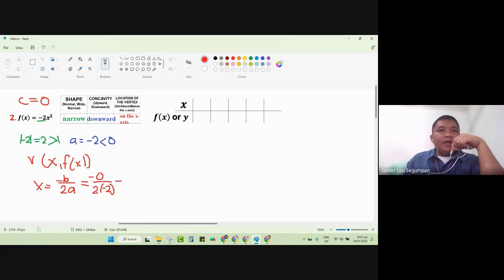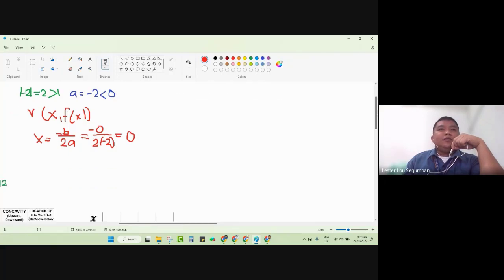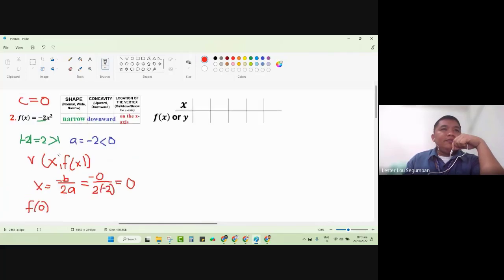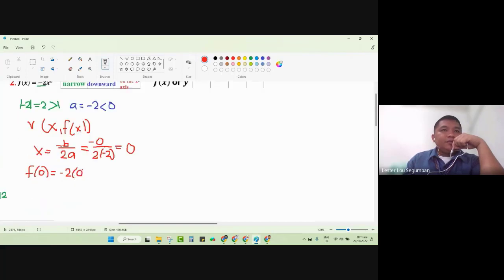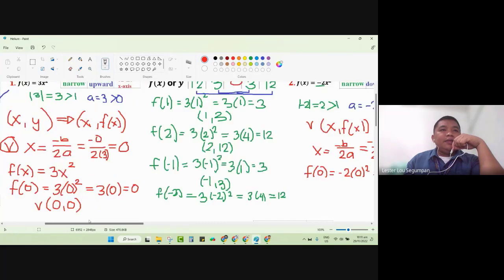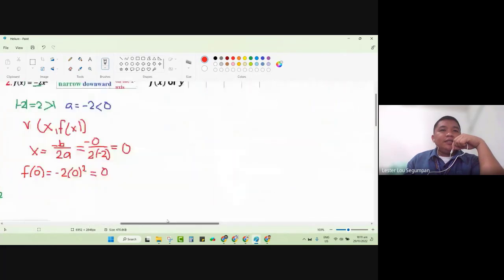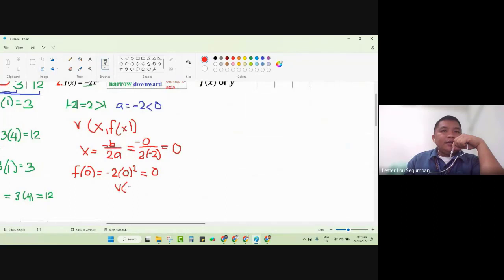No matter what the value of the denominator is, your x is 0. And we are going to use that to get its pair using the same function, and we just simply change the values of x to 0. So you will have here negative 2 and then 0 squared. The entirety of this is 0. In short, same as earlier, our vertex is located at 0, 0.